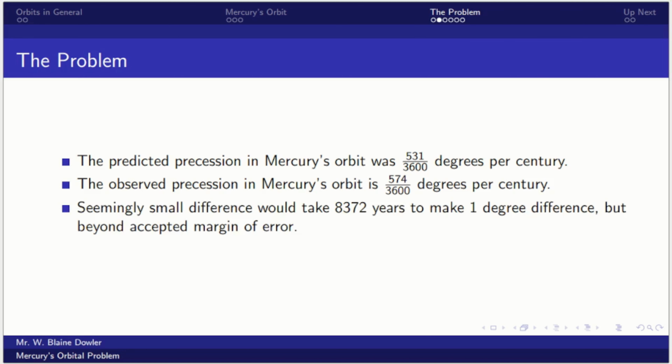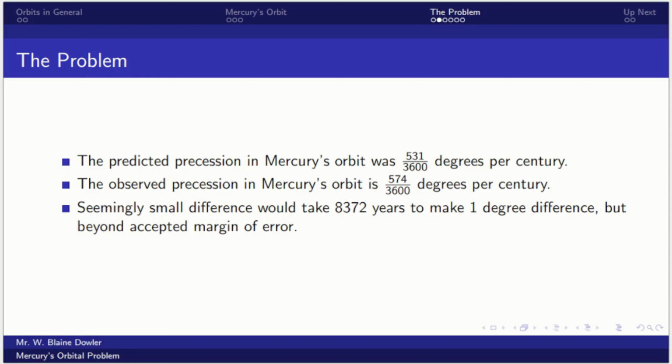So it's a difference that would take over 8,000 years to make 1 degree. But every scientific measurement has an accepted margin of error, and this difference was greater than that. They had measured Mercury's position to a much greater degree, and they knew that the theory they had was not consistent with what they observed.